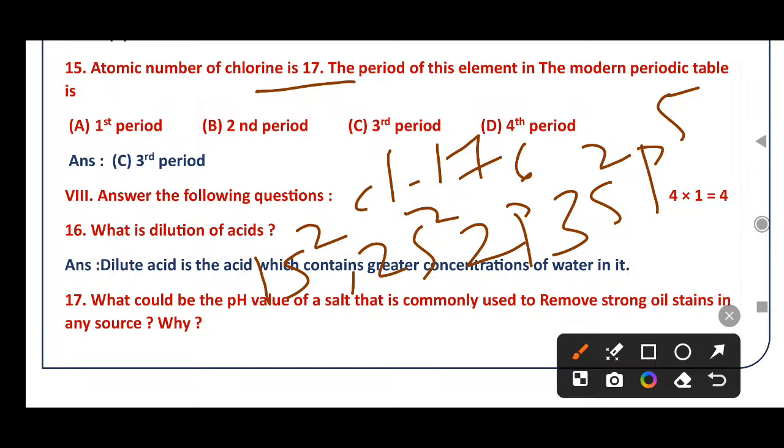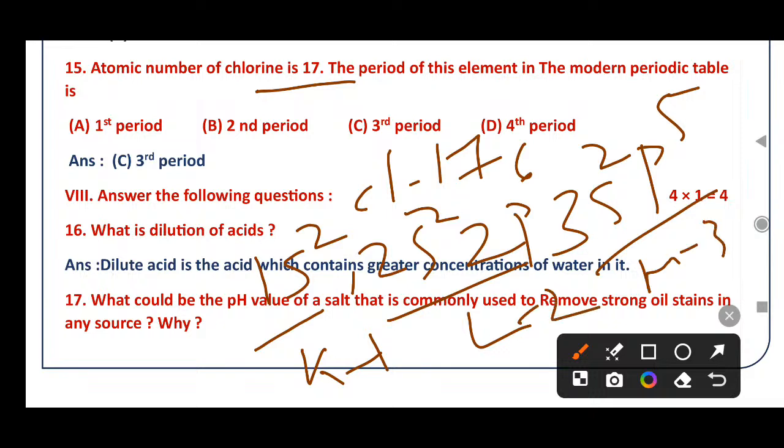Then see the highest energy level, which here is 1, 2, 3, denoted as K, L, M. The highest energy level is 3, that's why it lies in the third period.